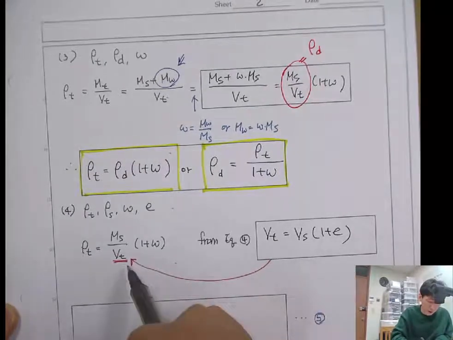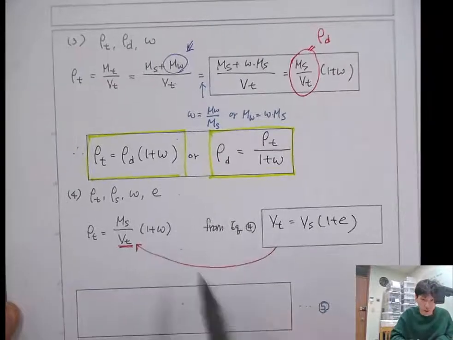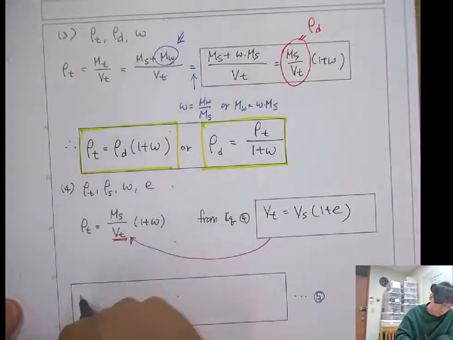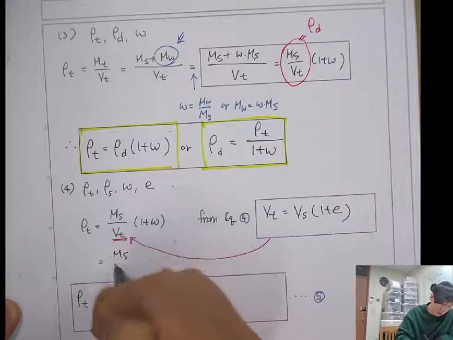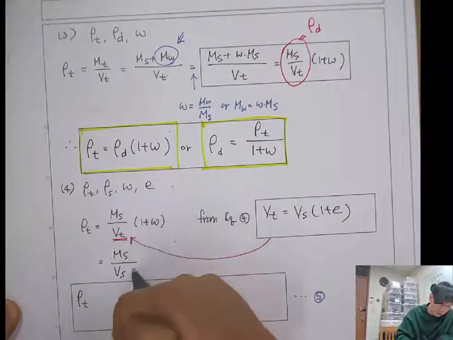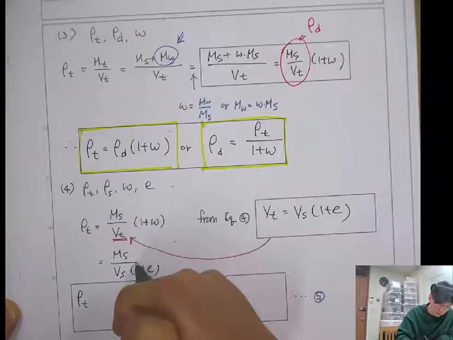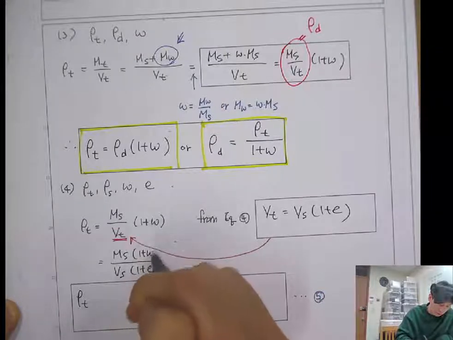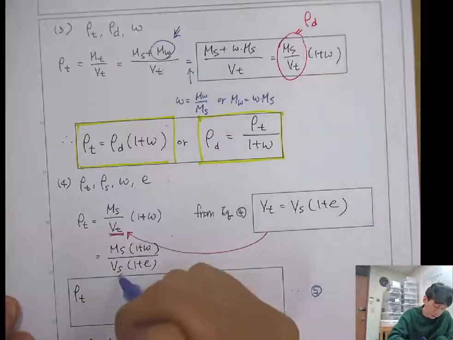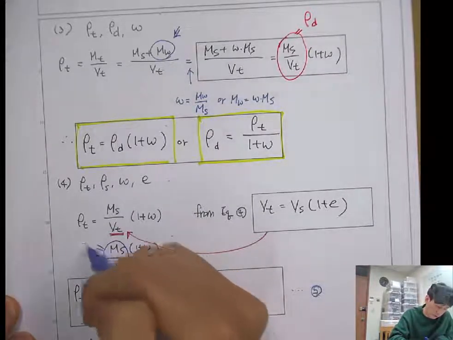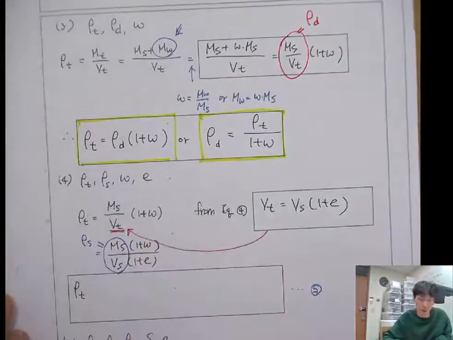So then if you replace the total volume in this equation, rho T becomes Ms over Vs, right? And you can see that this is the same as rho s, the solid density.